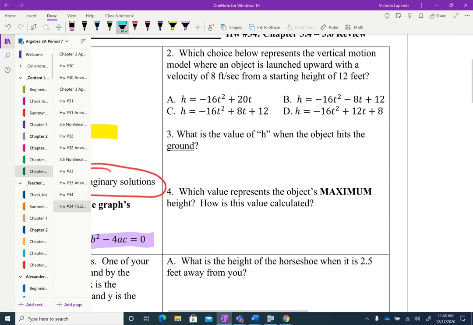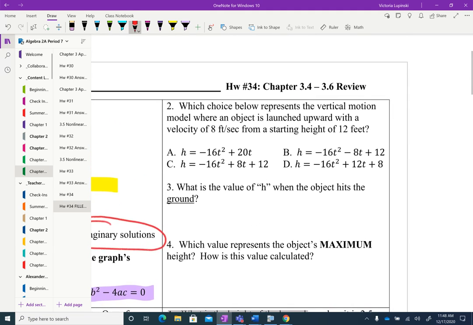Okay. Number 2, which choice below represents the vertical motion model where an object is launched upward with a velocity of 8 feet per second from a starting height of 12 feet? So you might want to remind yourself the vertical motion model is as follows. H of t equals negative 16t squared plus v sub 0 t plus h sub 0.